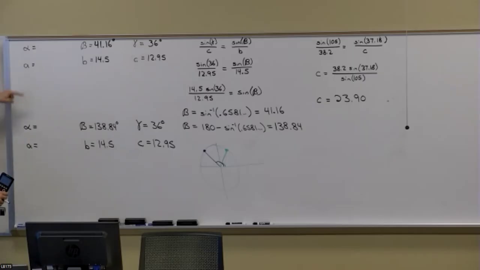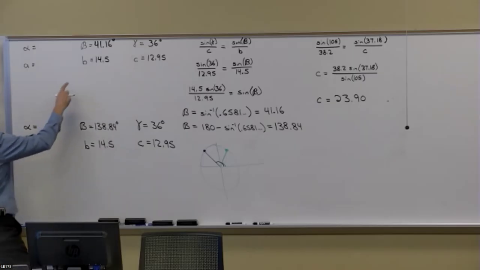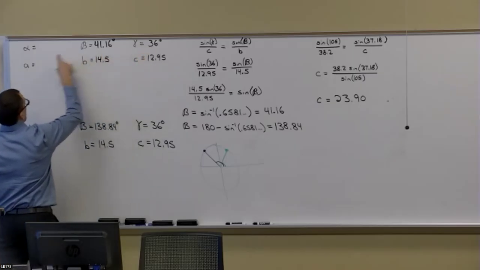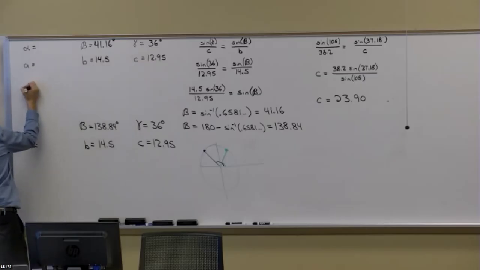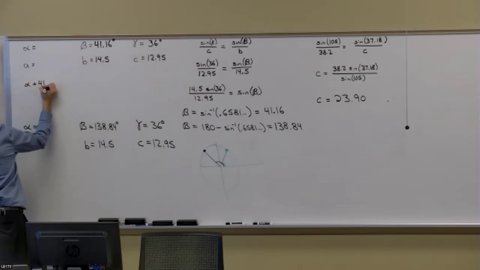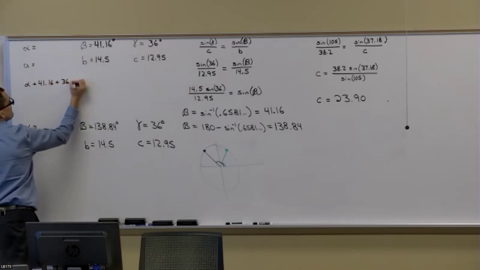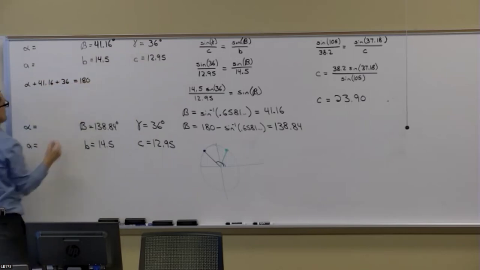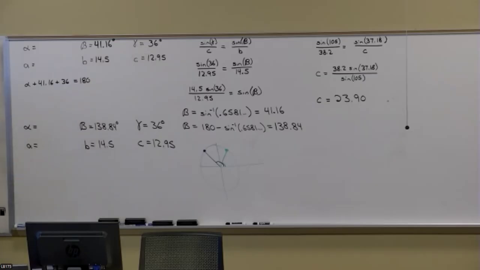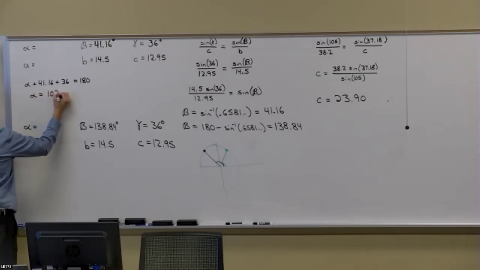By the way, we're going to do the same thing in both. I have gamma and beta, so I find alpha by using the fact that the three angles add up to 180 degrees. For this one, alpha would be 102.84.